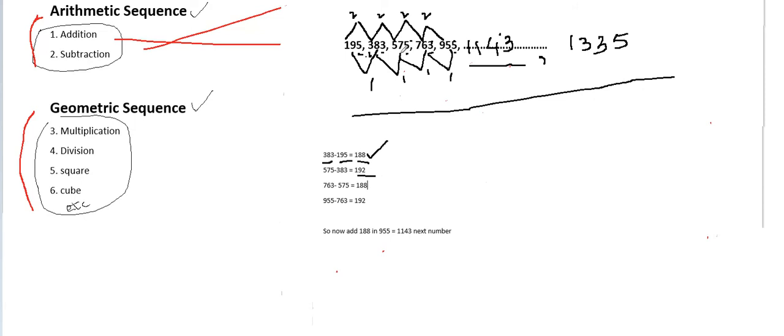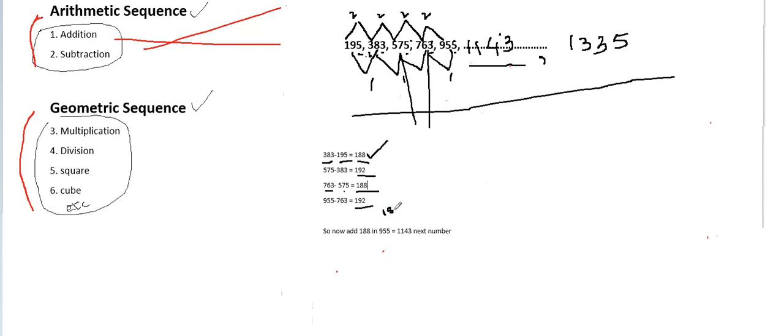And the difference between these two, 763 and 575, is again 188. And then the difference between 955 minus 763 is 192. So next should be again a difference of 188.